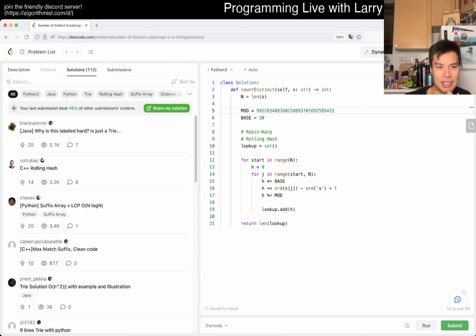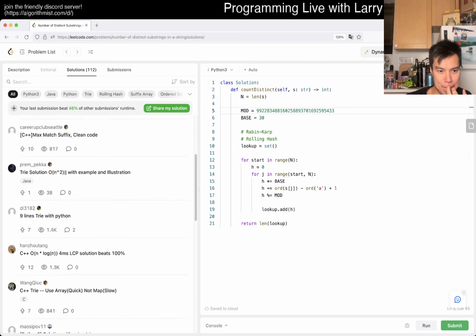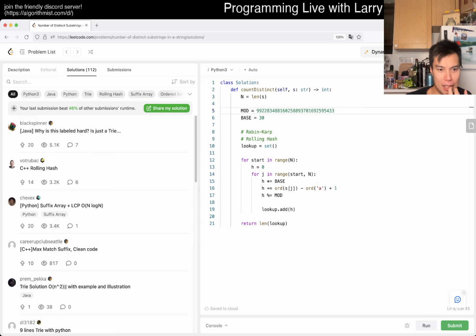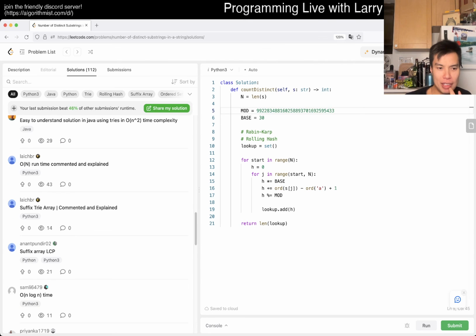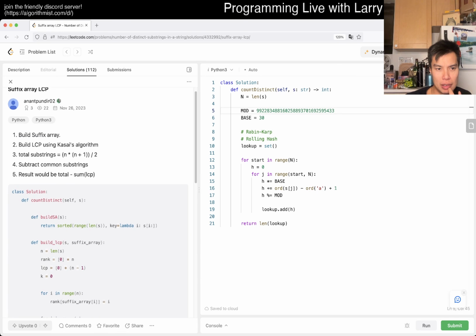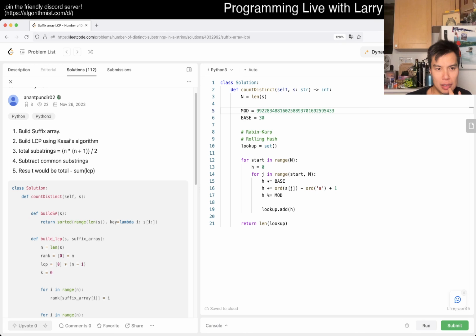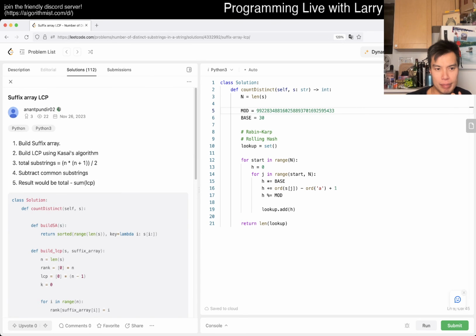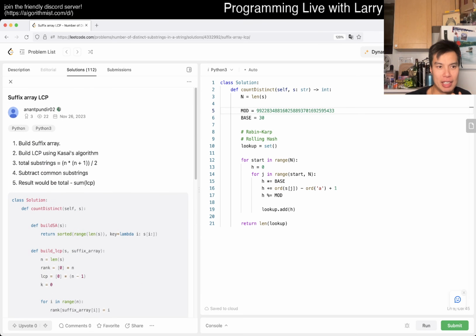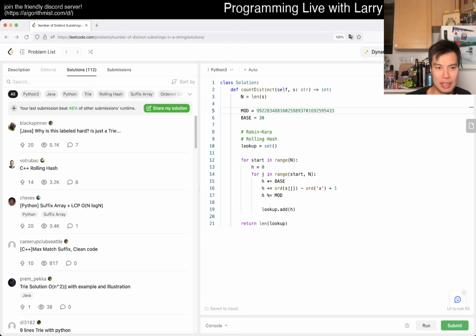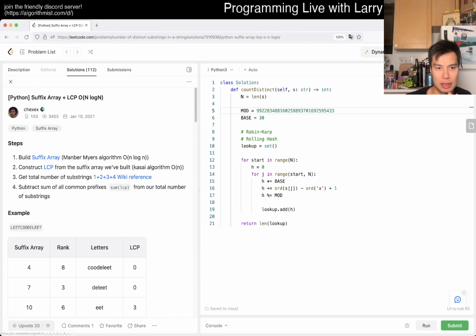Alright, let me see if there's a linear solution. It is suffix array, alright. I mean, suffix array is n log n. I think there's a suffix array that's O of n, maybe, but I could be wrong on that one. Well, the way that they did suffix array is lazy, but I guess there's a linear time suffix array solution.